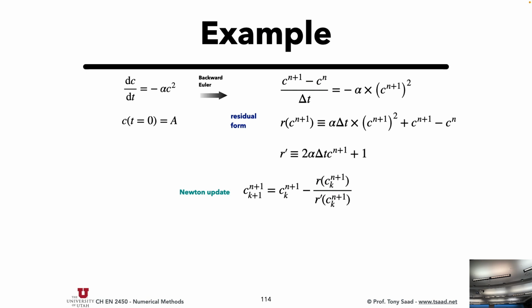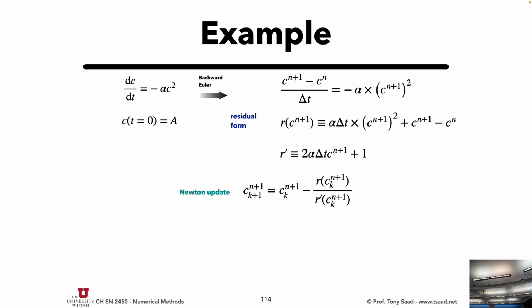So C^(n+1) at k plus 1, the new iterate, is a function of the previous iteration k, minus r at C_k over r prime at C_k. All of those are at n plus 1 because now we're trying to find C^(n+1). So we're fixing that superscript, but we're changing the subscript. If you go from 0 to 1, you're trying to solve for C1, C at t1.